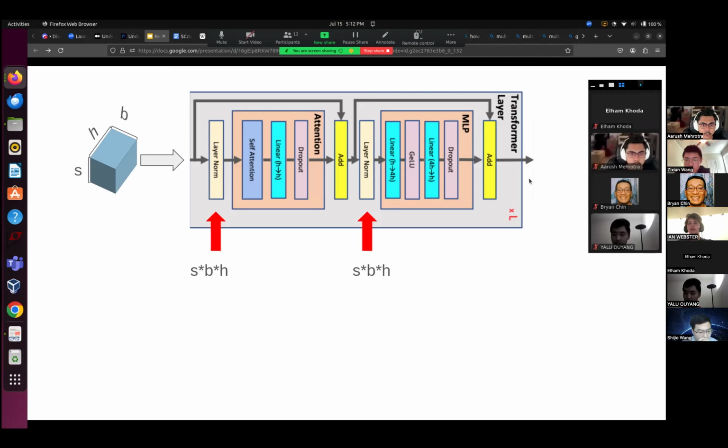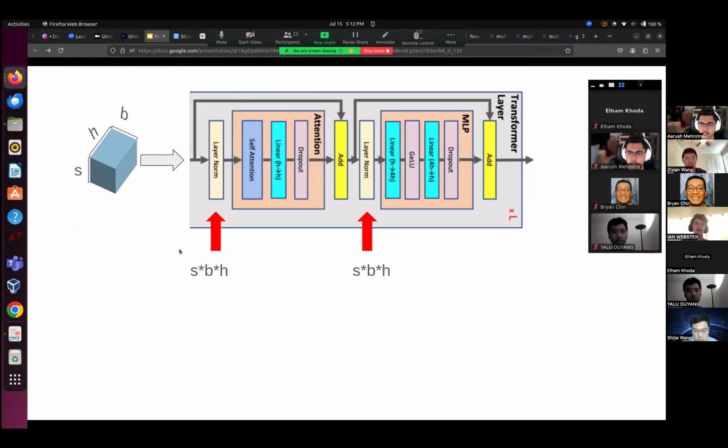Now we can continue. The layer normalization section of your transformer layer is going to need S times B times H activations to be stored. So in your memory, you need to make space for this many activations.